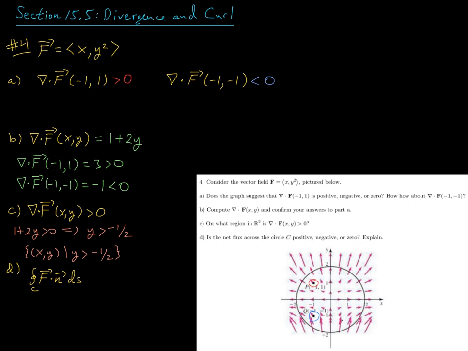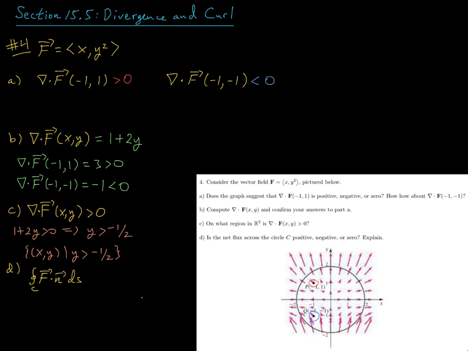Down here, for example the point Q or any other point below the line y equals -1/2, the net inward flux is going to be greater than the outward flux because the magnitude of the vectors of our field is larger the further down we go in the y direction. Up here, when we're above that line, we're going to see greater outward flux. So that does make sense.